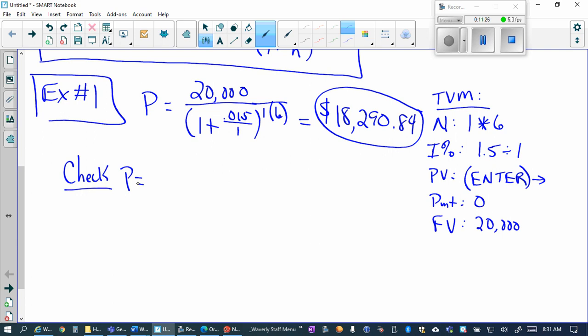Higher or lower than for 6 years? Yeah, you're going to need more. You got less time, right? So still 20,000 divided by 1 plus 0.015, to the 1 times 2 this time. What do we get?